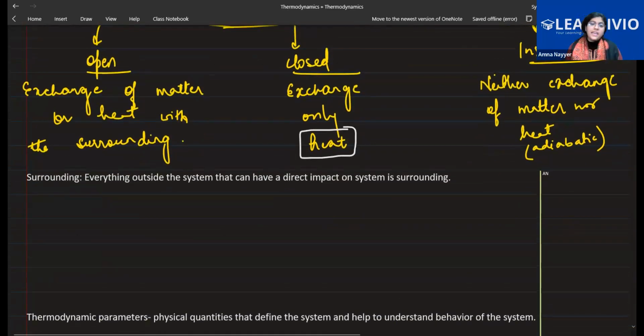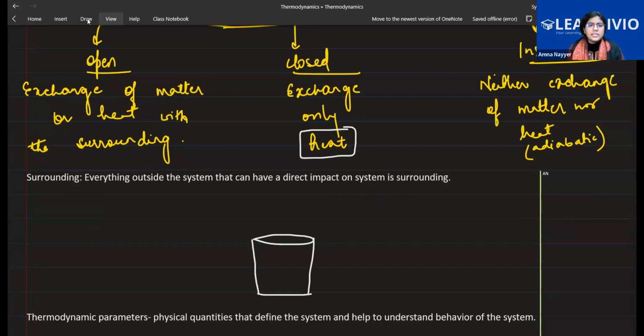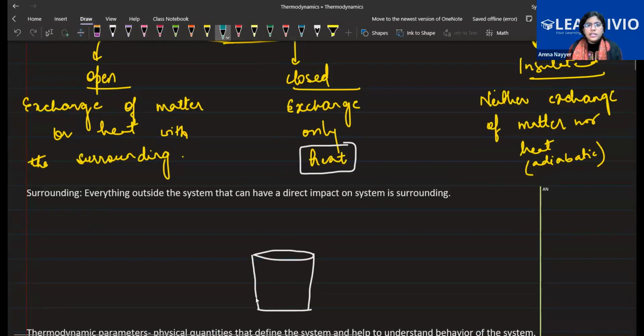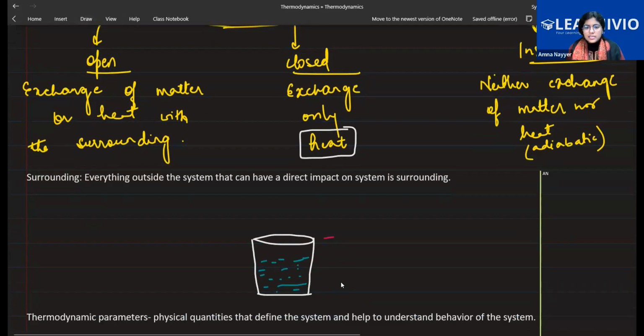Coming to the surrounding, everything outside the system that can have a direct impact on the system is the surrounding. Like I said, this glass is there, which I have filled with water. Now, only this is the system.